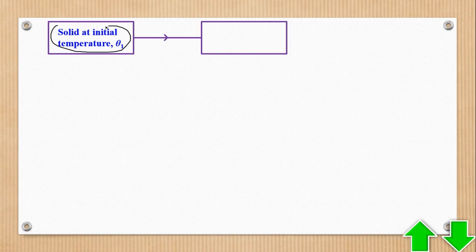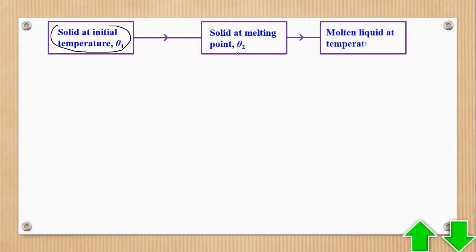That solid, the temperature keeps on increasing up to melting point, which is θ2. So there is a change in temperature. Then from here to here, there is a change of state. It was solid, but now it is changing to liquid. Therefore, temperature does not change.